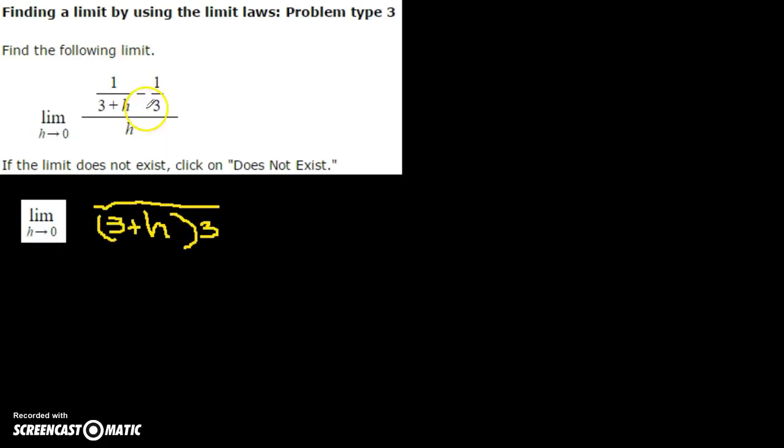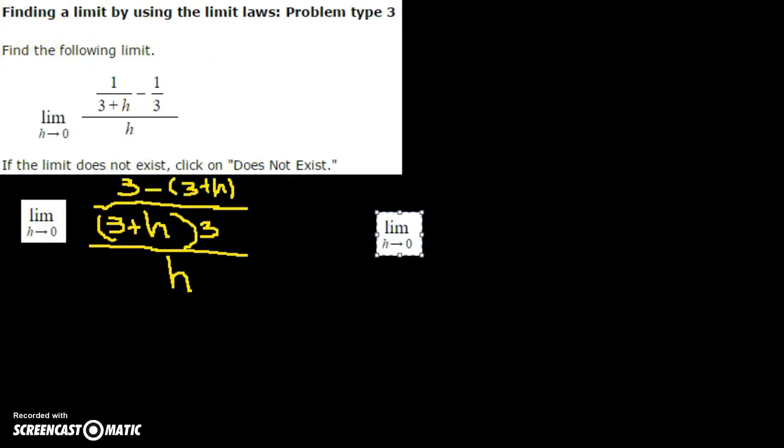Right, this is only the top, and I will have 3 minus 3 plus h, and this whole thing over h. Okay, and this is equal to the limit.